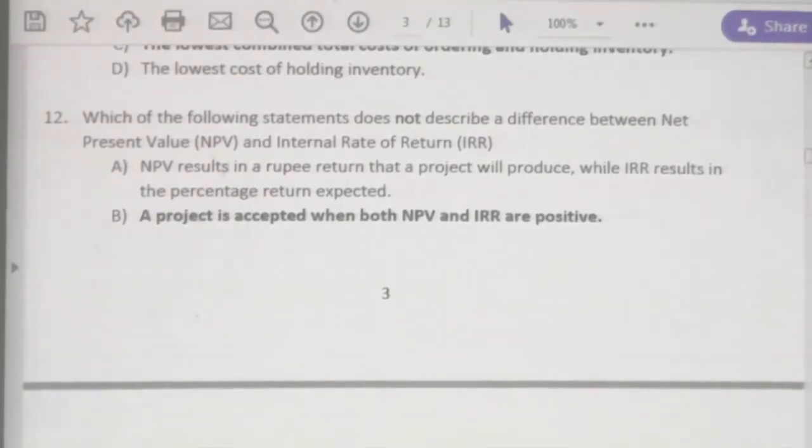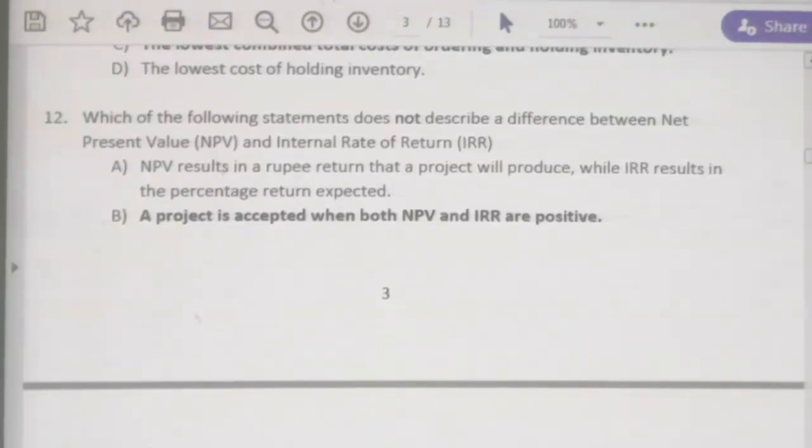Therefore, IRR is a discounting factor. NPV will become positive at a specific discount rate. NPV becomes 0 at IRR. Therefore, IRR shows you the break-even point cost of capital.